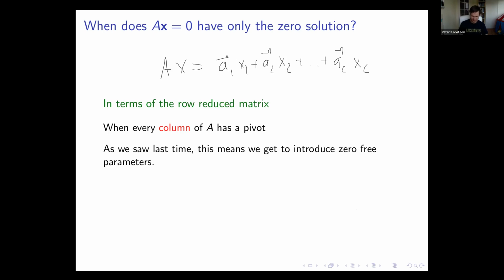In other words, it's a linear combination of vectors a1 through ac, where these vectors are the column vectors of the matrix A. You can think of the matrix A as a list of these column vectors, a1 through ac.